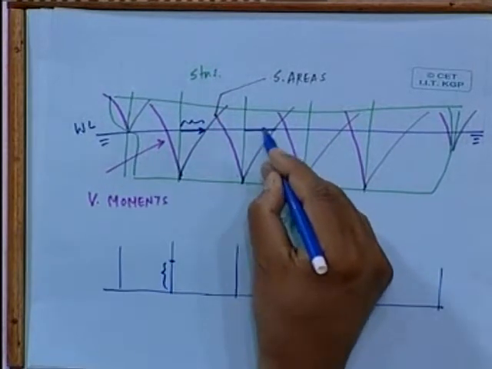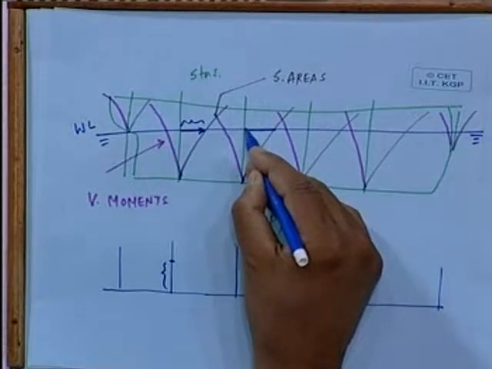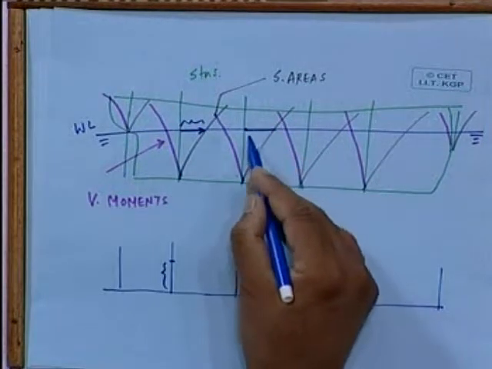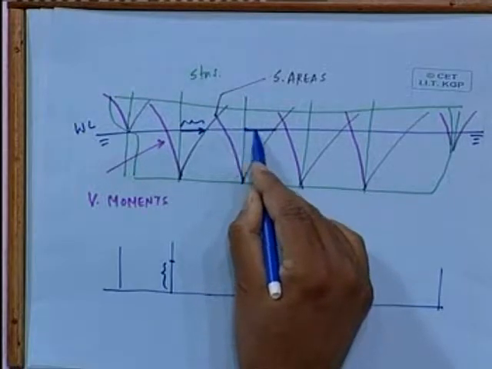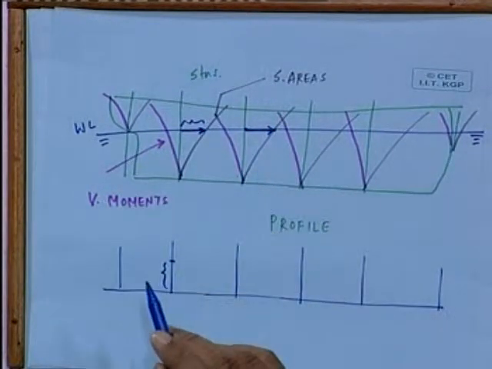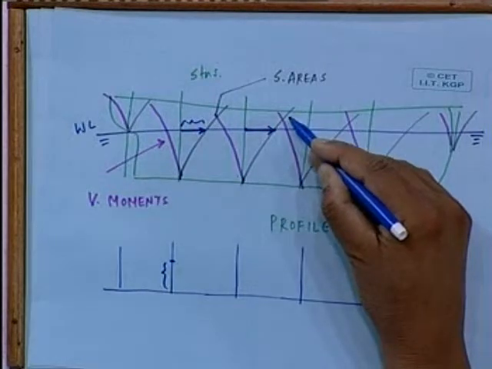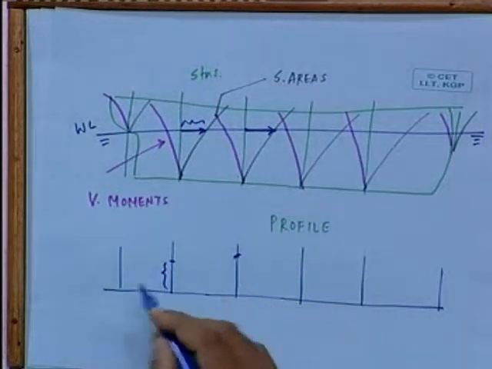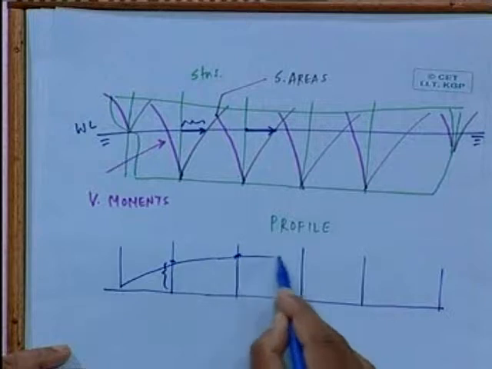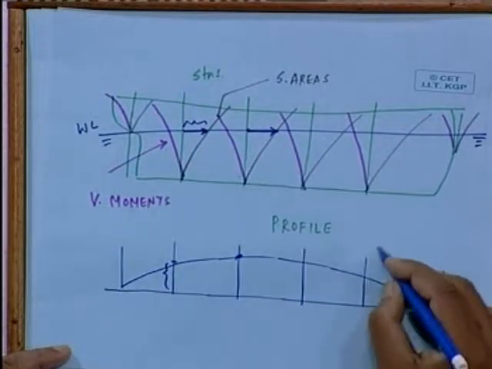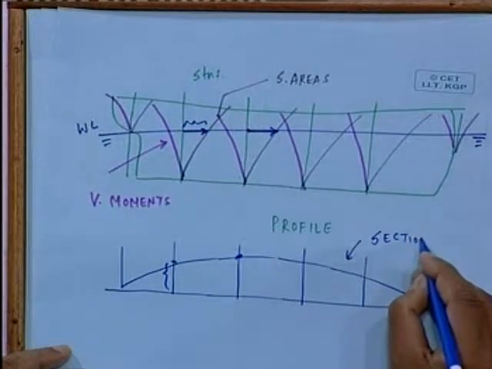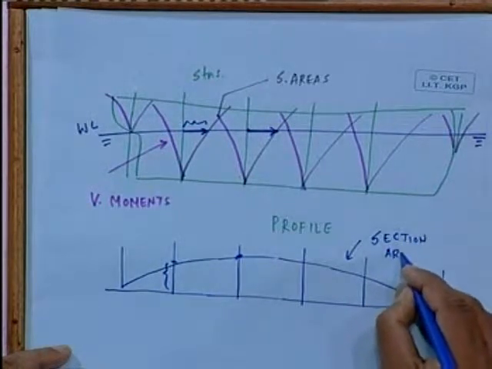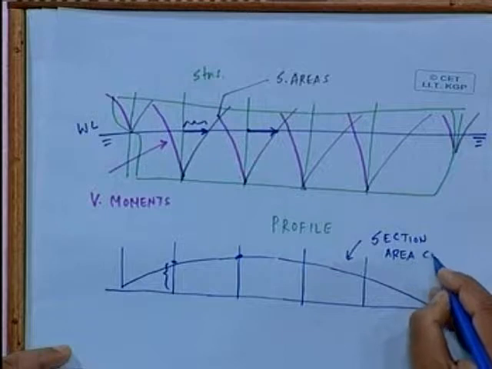See, this is this. Similarly, this value, because this is my draft here. See, at this draft, what it means is, if the section is submerged up to this point, then the section area would be this value, because I have plotted the section area here. So I have got this point. Like that, if I do, I end up getting what we call a section area curve. This is my area curve.